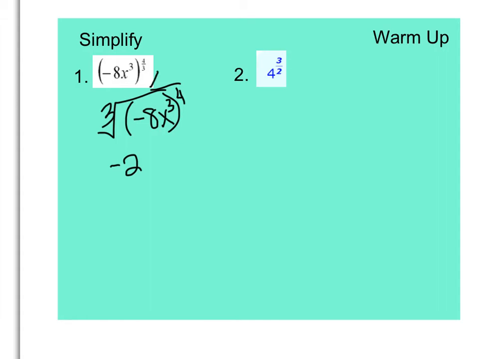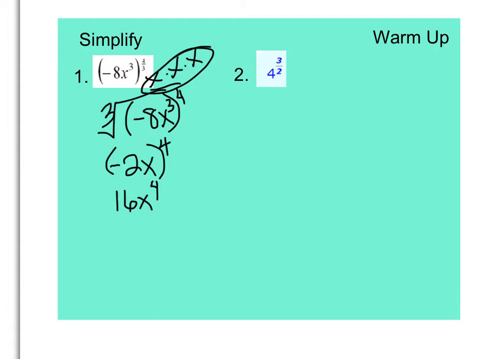If you have 3 x's and you have the cubed root of it, well, that means you have 1, because there's 3 of them appearing one time. And then we raise that to the 4th. Negative 2 to the 4th is a positive 16. Negative 2 times negative 2 times negative 2 times negative 2. And x raised to the 4th is x to the 4th.